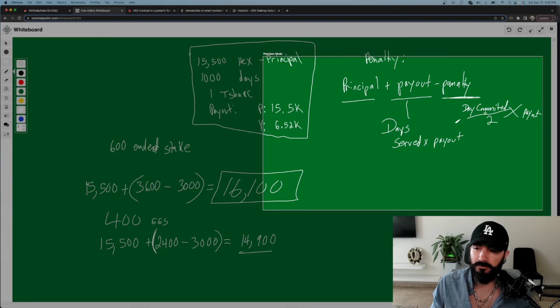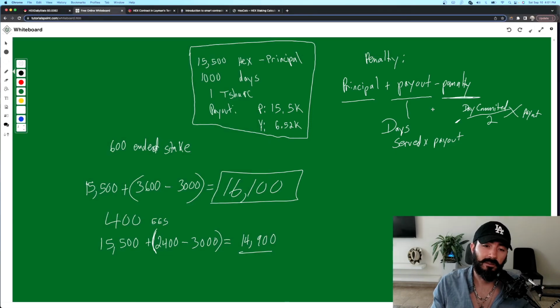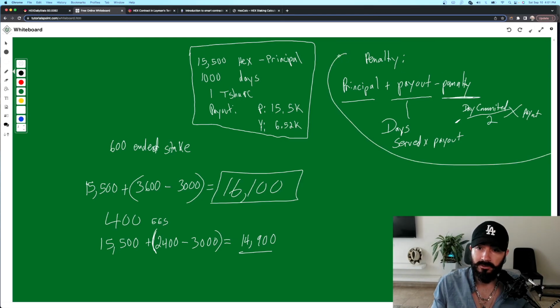If the penalty is bigger than the payout, which is usually the case if you serve less than half, then it's going to eat into your principal. In some cases, it could eat all of your principal. So anyway, this is what the contract does, or these are the rules of the game that the contract follows.